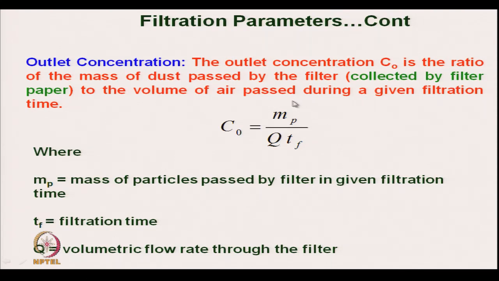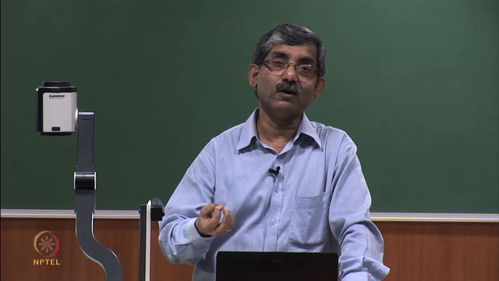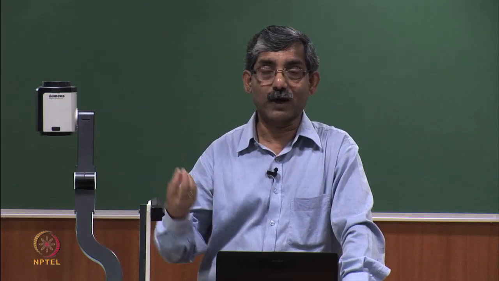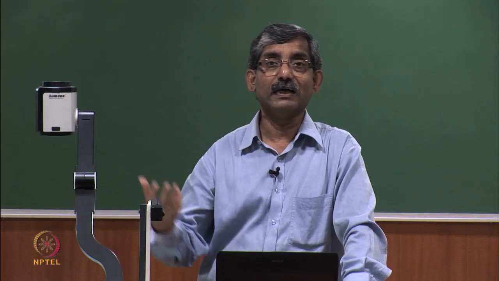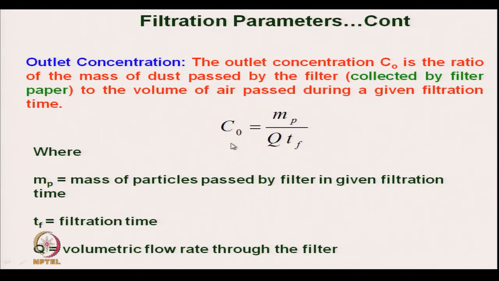This outlet concentration is very important, it will show the effectivity of the filter fabric. After filtration, the quantity of particles present in the air will be shown by the value CO, outlet concentration.